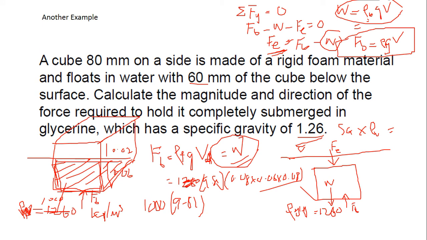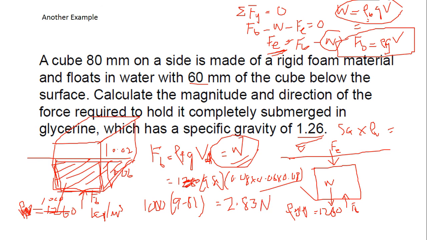So what's your value for FB? When you multiply 1000 times 9.81 times this volume, what's the value? 2.83 Newton.